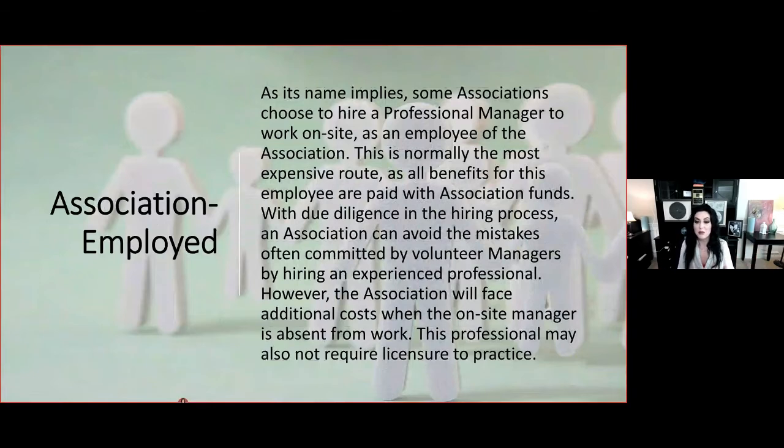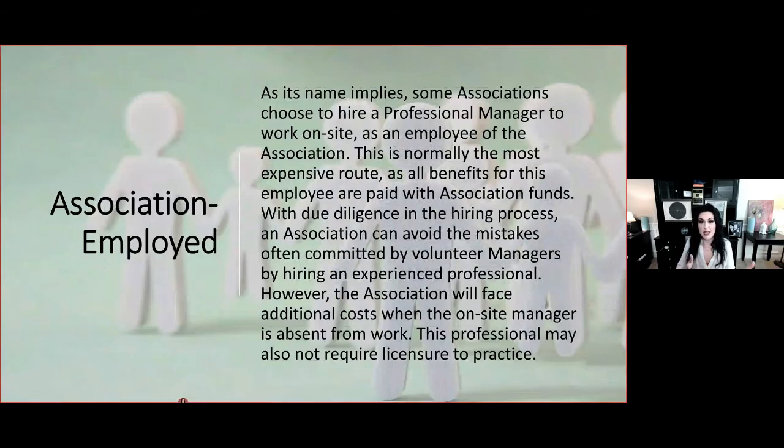Sometimes an association employee is a board member. There are association documents that do allow, sometimes it's very, very rare, but we have seen where some declarations and bylaws allow for a board member to be compensated for their administrative actions for the association.